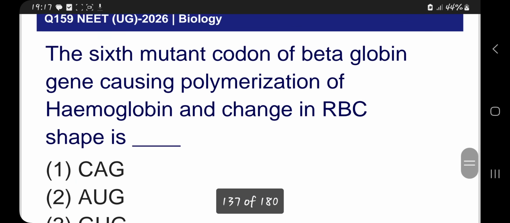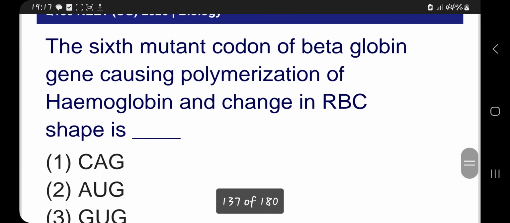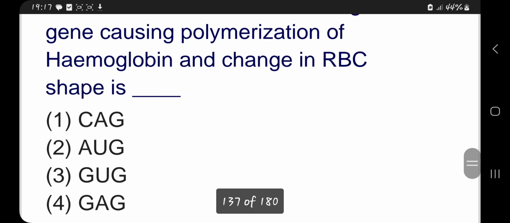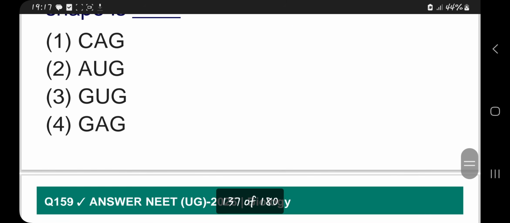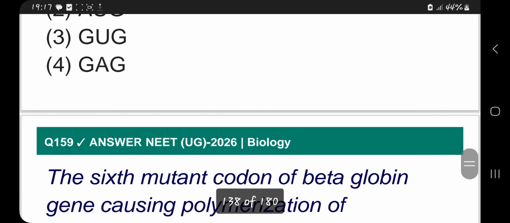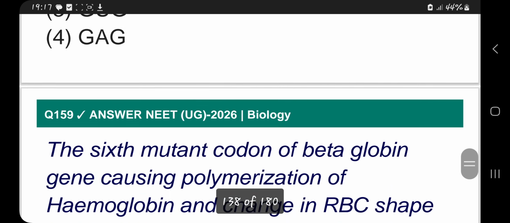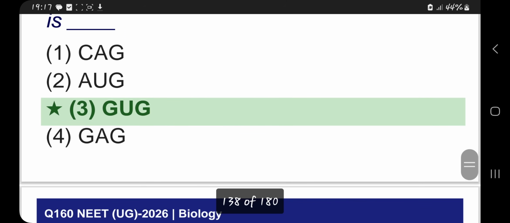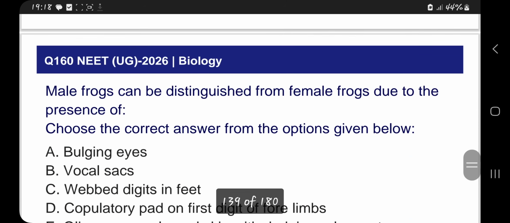The sixth mutant codon of beta globin gene causing polymerization of hemoglobin and change in RBC shape. Mutant codon of beta globin. I think GAG becomes, I think the fourth is GUG. GAG becomes GUG. Yes.